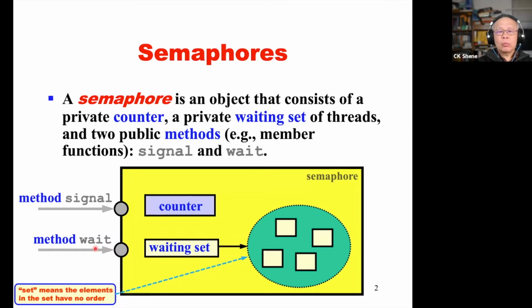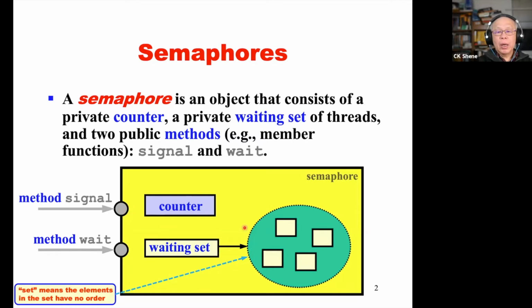Although it is not very appropriate, you could consider a semaphore as a traffic signal. If it is red, you wait. And when the traffic signal changes to green, you can go. So if you are blocked by a traffic signal, someone must flip the red to green so that you could go.